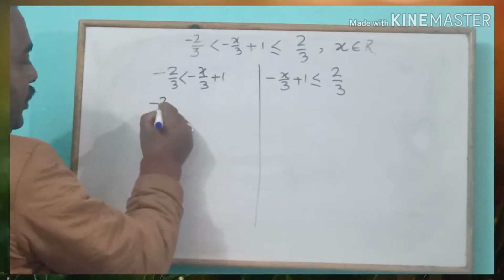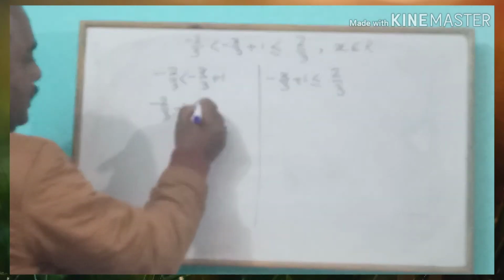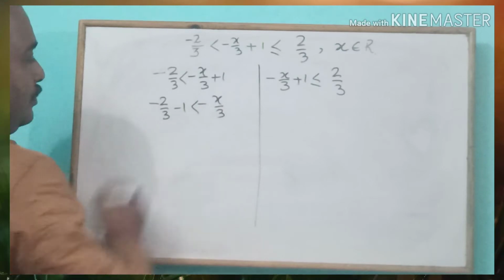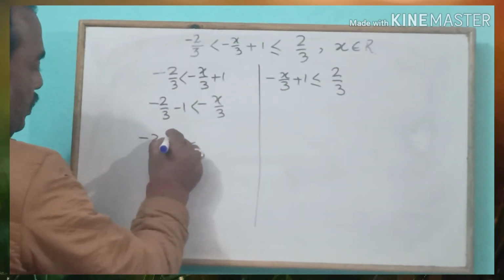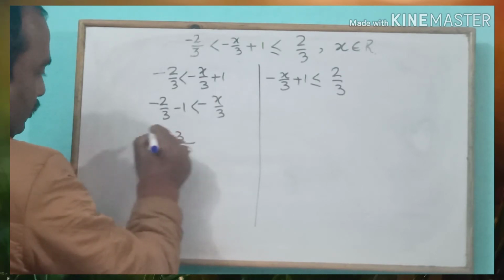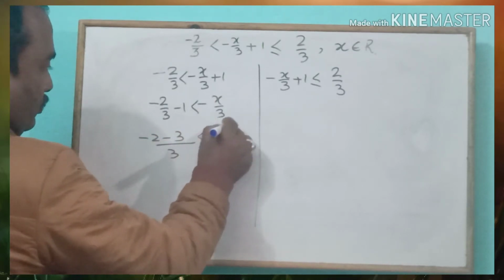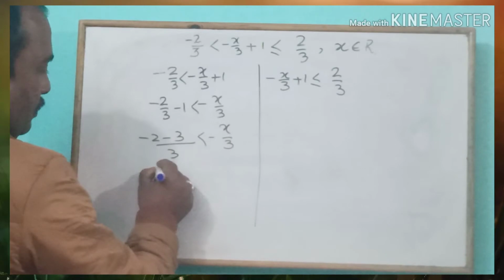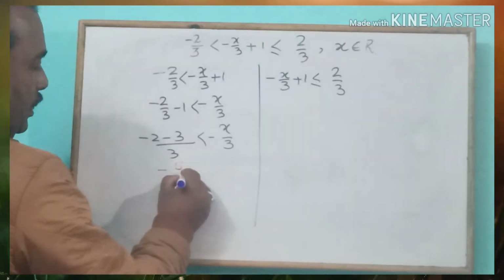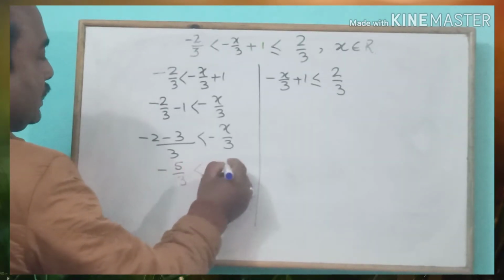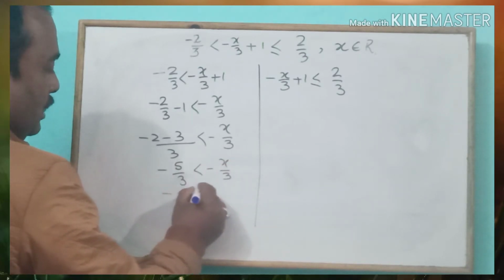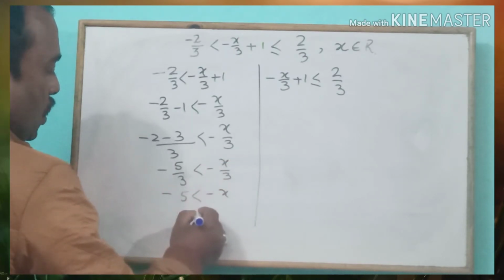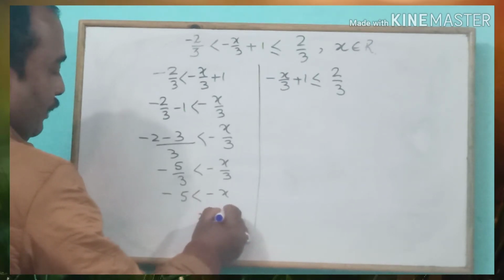So minus 2 by 3 minus 1 is less than minus x by 3. 3 is the LCM, minus 2 minus 3. Minus 5 by 3 is less than minus x by 3, or minus 5 is less than minus x, or x is less than 5.